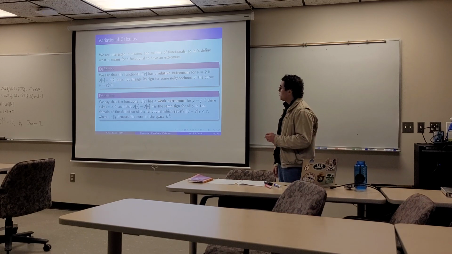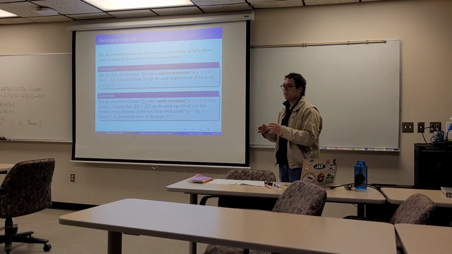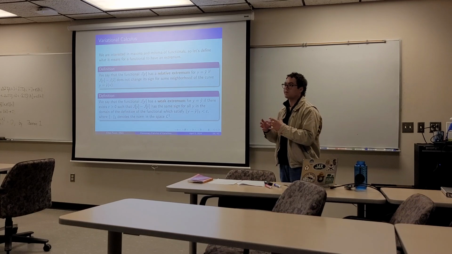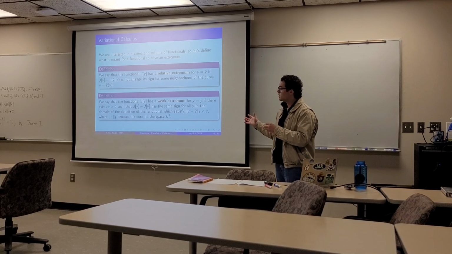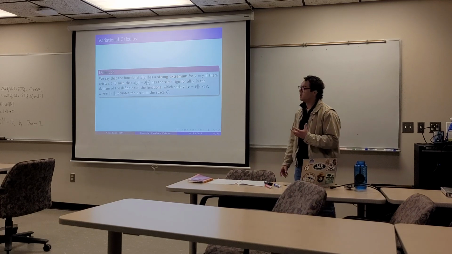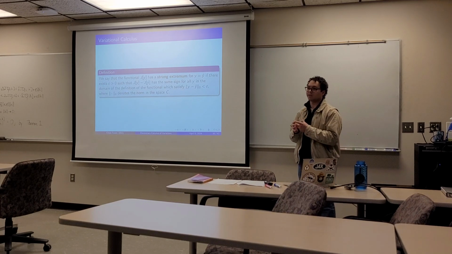And we say that it's a weak extremum if this holds in a neighborhood defined with the C1 norm. So not only do the continuous functions have to be close to each other, but their derivatives have to be close for this condition to hold. And it's strong if we only need the two continuous functions to be close together for this maxima or minima to hold.